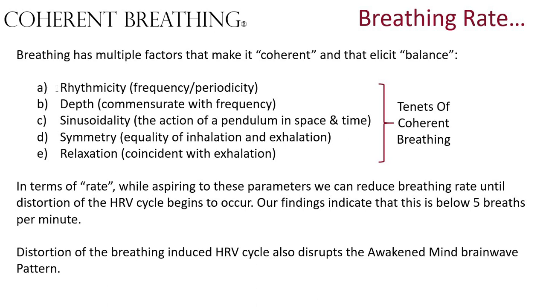The flip side of that coin is breathing depth, where our goal is to use, let's say, 50% of our diaphragm range, which would equate to a couple of centimeters up when we exhale and a couple of centimeters down when we inhale.